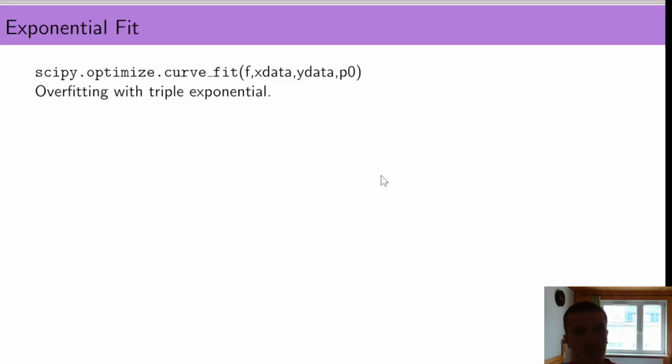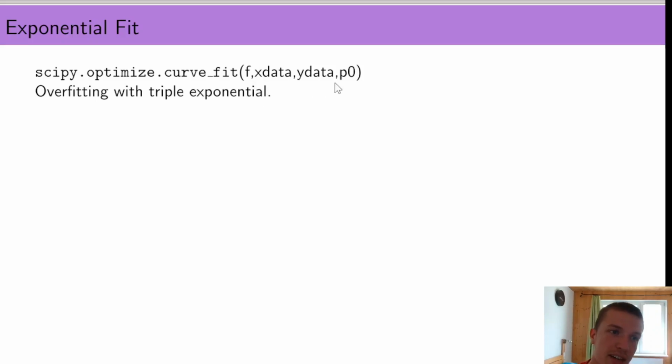And the one basic thing that you can do is exponential fitting. So you fit your data with SciPy: you give it a function that takes in the amplitudes or the coefficients and the decay rates and outputs the function that you want, so the sum of the two exponential decays, or you can do overfitting with three exponentials.